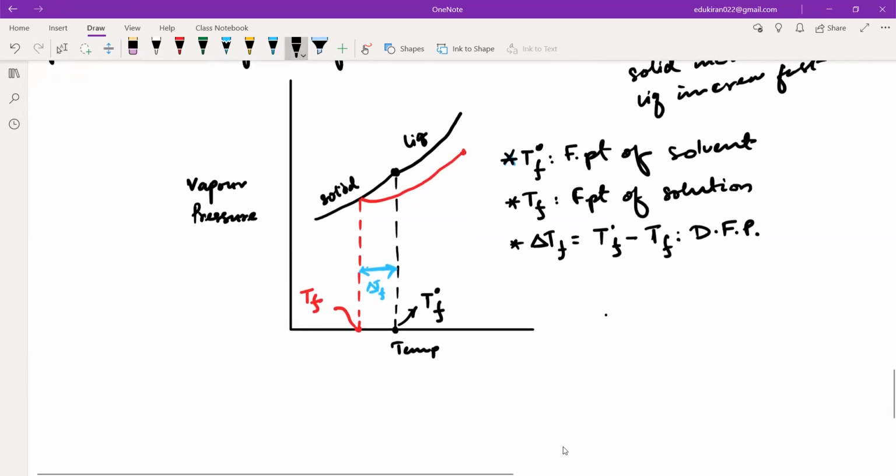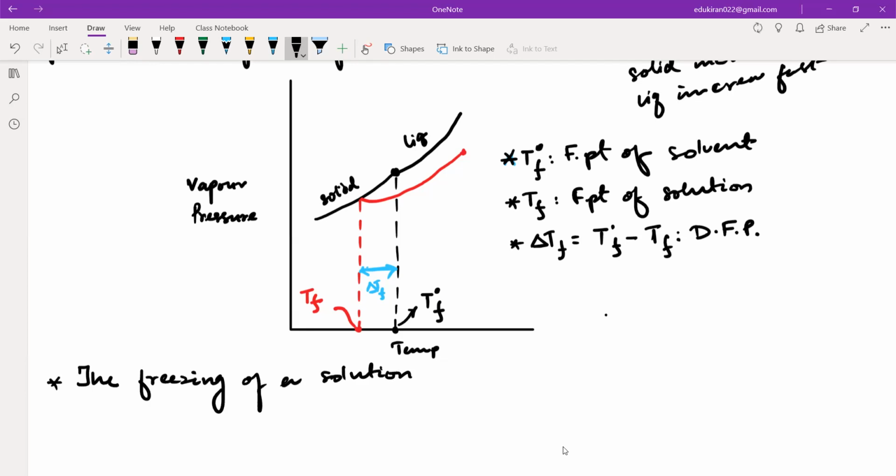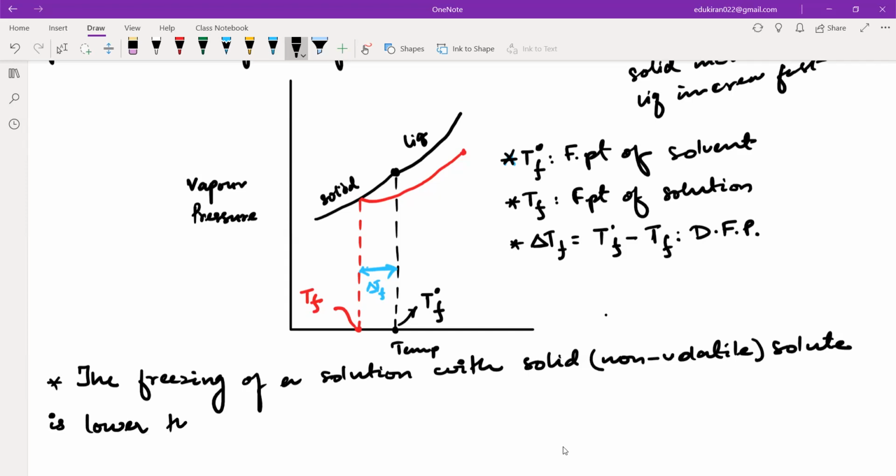So after making this plot, you will write: the freezing point of a solution with a solid or non-volatile solute is lower than that of pure solvent.